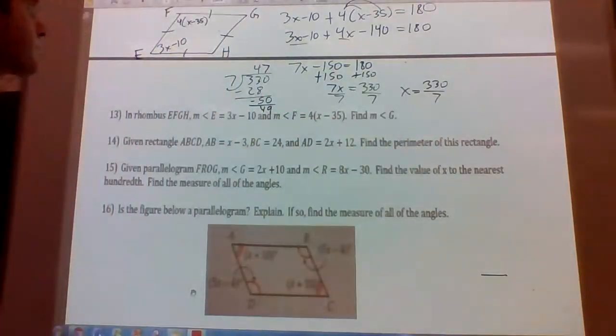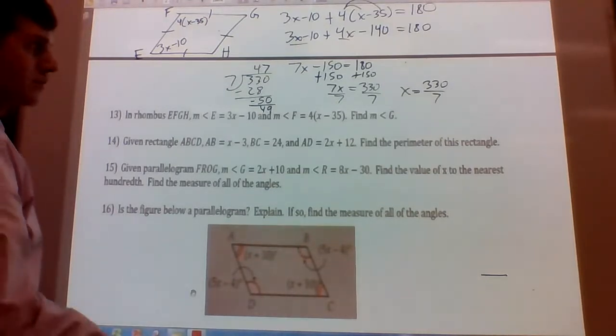Let's make sure we did this right. 150, 330. Yeah. Four times 7 is 28. Okay, so x is 330 over 7. Just seems odd. I guess they want decimals.